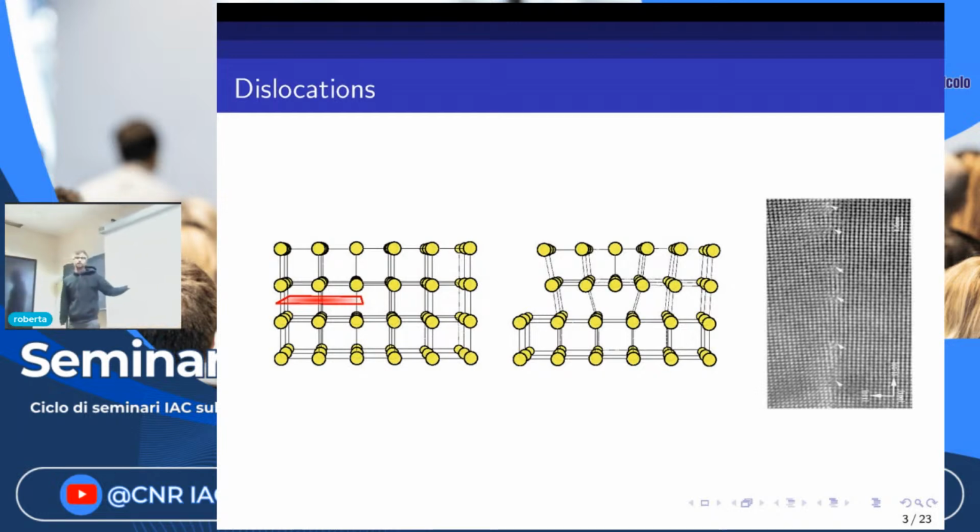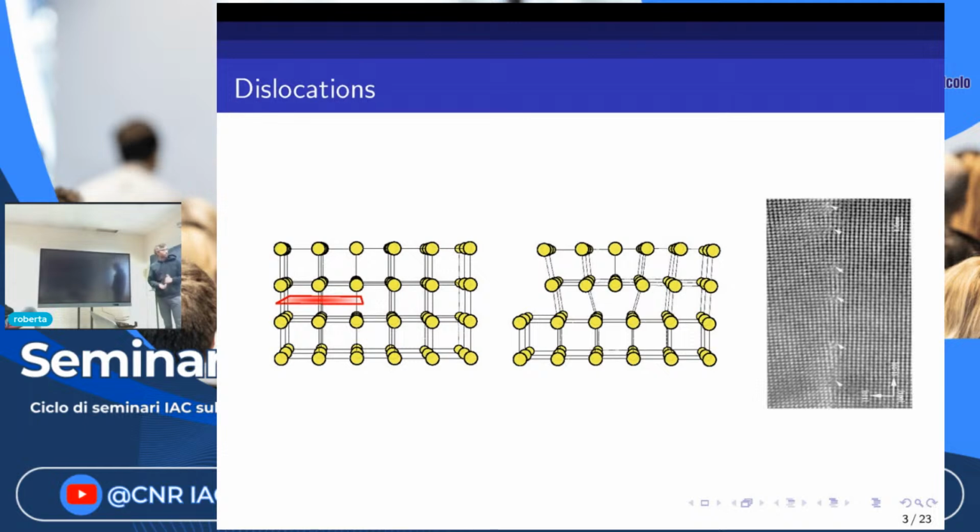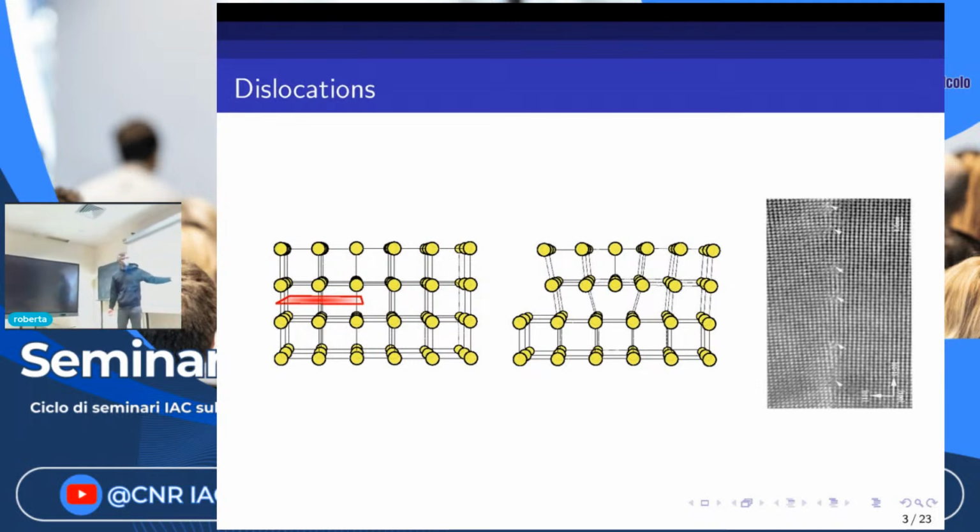Of course, the topology of the lattice changed in that there is an extra half plane of atoms here, the one here, which changes the topology. This is what is called a dislocation. In particular, in this case, this is called an edge dislocation, but I will just refer to it as a dislocation.